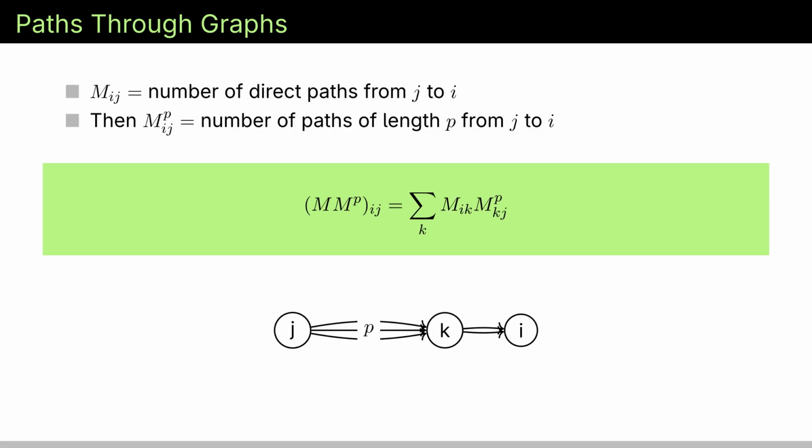This gives us the number of paths of length p plus 1 whose second to last vertex is k. Then we just sum over all possible second to last vertices k, including j and i, so this diagram here is a little bit abstract, to get the total number of paths of length p plus 1 from j to i.